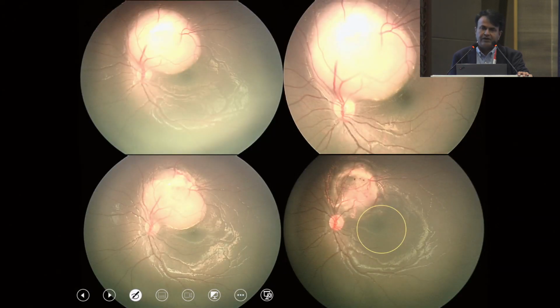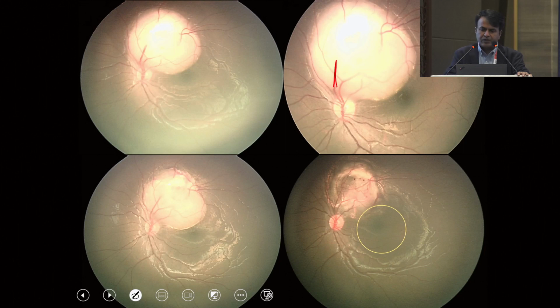The second advantage of intravenous chemotherapy is that the tumor always hangs on to its source of blood supply. It always regresses towards its source of blood supply. For posterior polar locations, the blood supply is generally from the supratemporal or infratemporal arcade or supranasal or infranasal arcade. Now you can see that this patient has a tumor which is deriving supply from the supratemporal arcade.